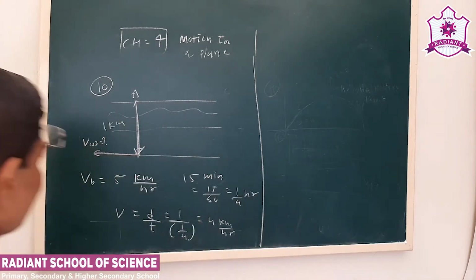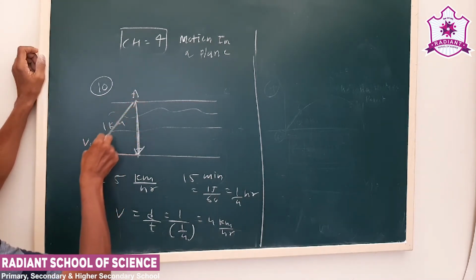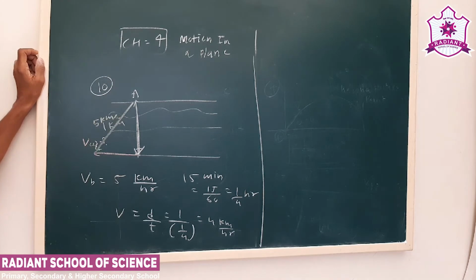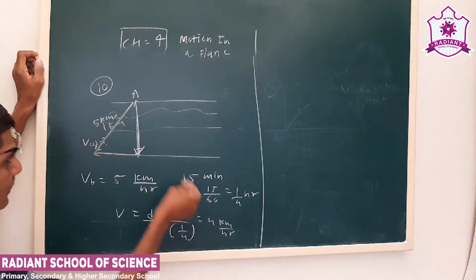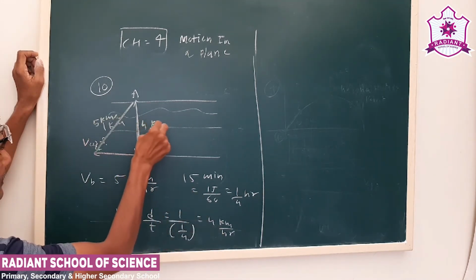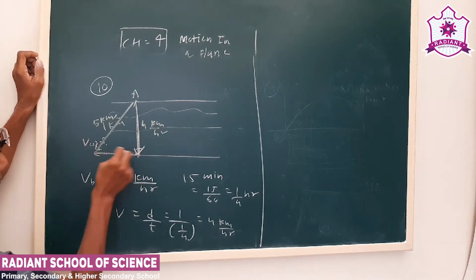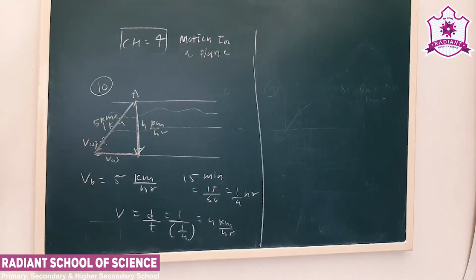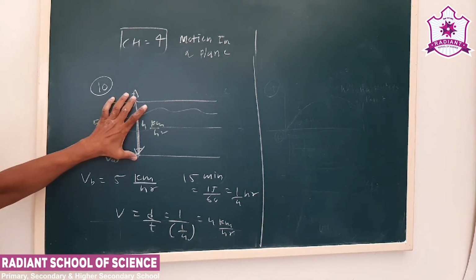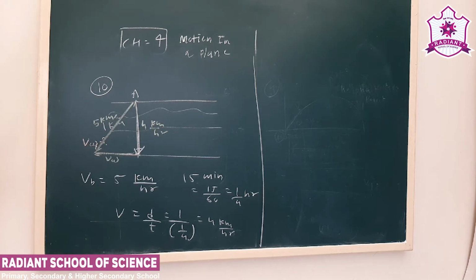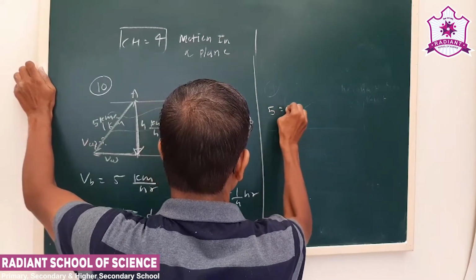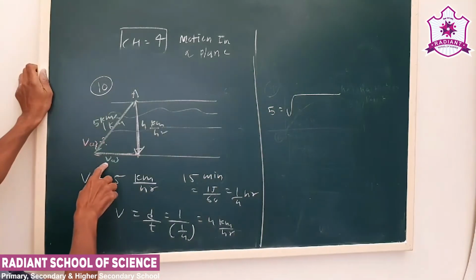The velocity of the boat is 5 km per hour. When it covers the shortest path, its speed becomes 4 km per hour. Now this is Vw we have to obtain. Here the velocities are 5 km per hour and 4 km per hour. We can say this is a right angle triangle.